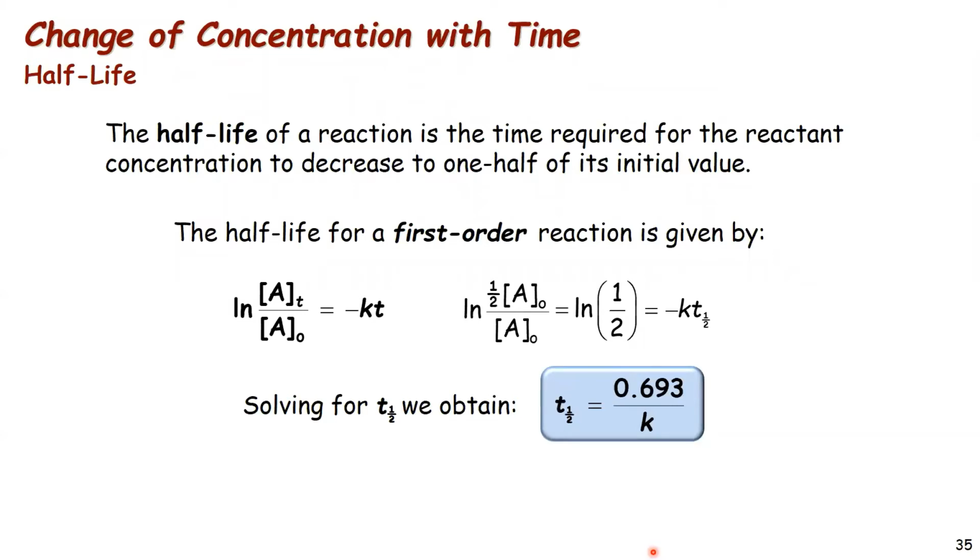Now there's something unique and important about this equation. Notice that for the half-life of a first order reaction, I don't need to know what the initial concentration was. It doesn't even appear there. That's really important for radioactive decay. Let's say I come upon some dump site where somebody dumped a whole bunch of radioactive material.